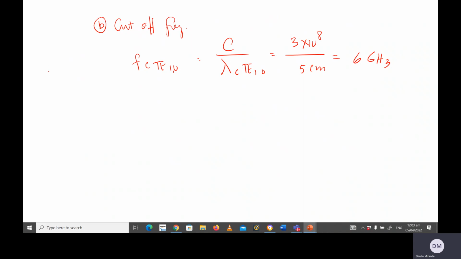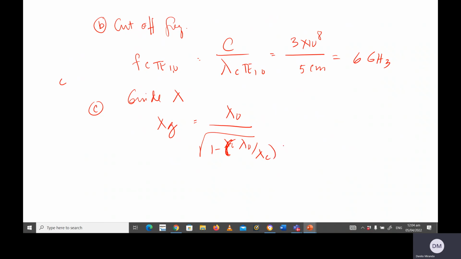And then, your letter C, so the guide wavelength will be this one, is lambda O, the square root of 1 minus lambda O over cutoff wavelength square.